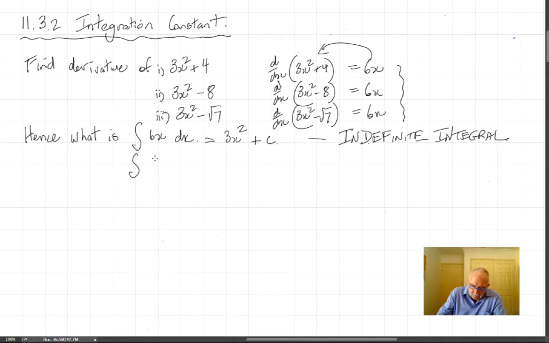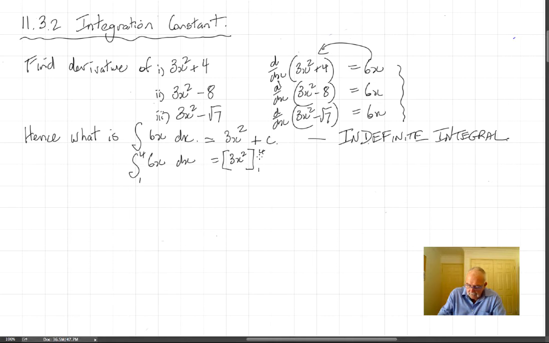When we've got, say, the integral of 6x dx between two values, say 1 and 4, we would just integrate the 6x and get 3x squared, put the square brackets, and then we put 1 and 4. We don't worry about the c, because when we do the subtraction, as we've seen in the previous video, they will cancel each other out.